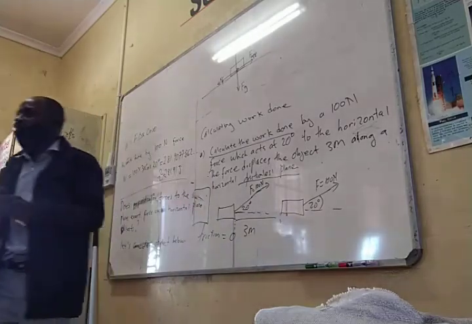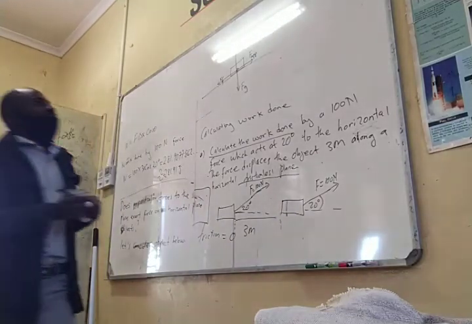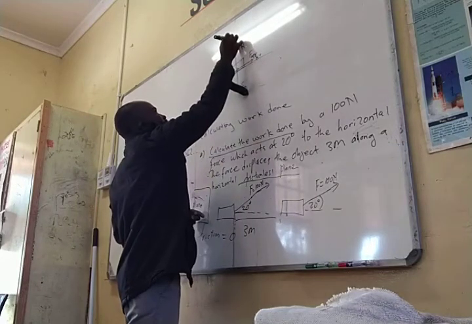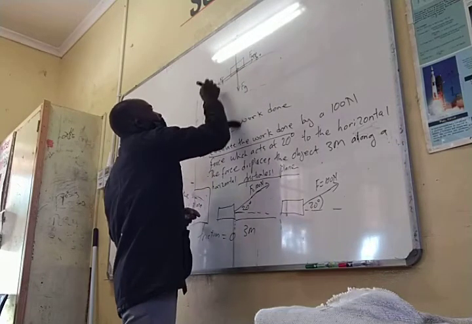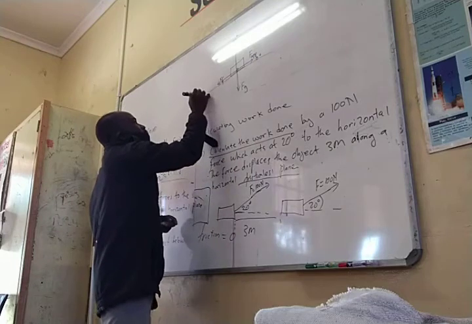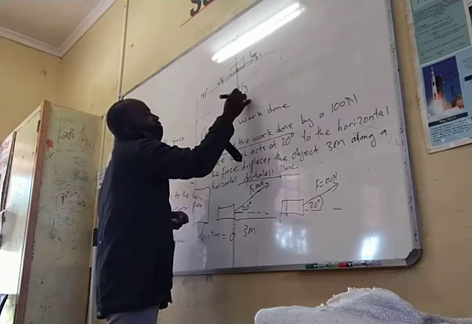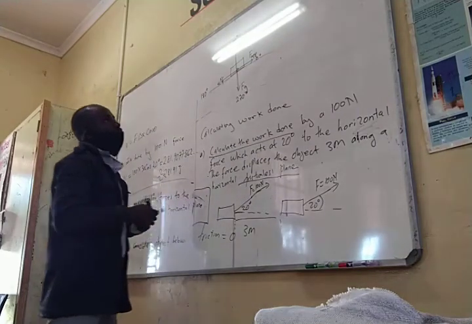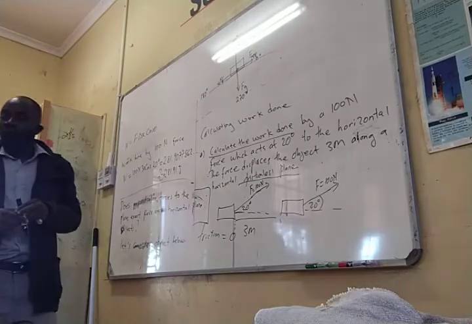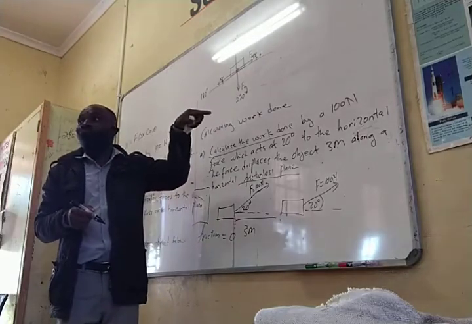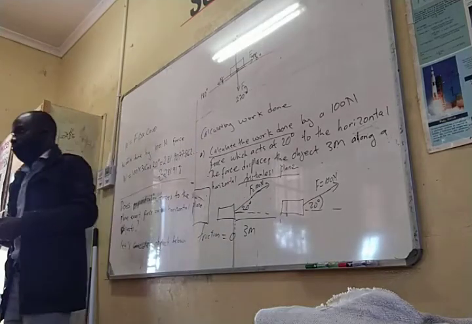So now when you are measuring angles, remember you start from 0 degrees, then here you have 90 degrees, this side you have 180 degrees, and this side you have 270 degrees.